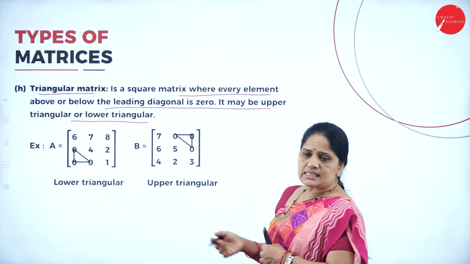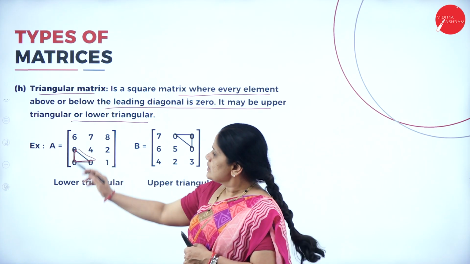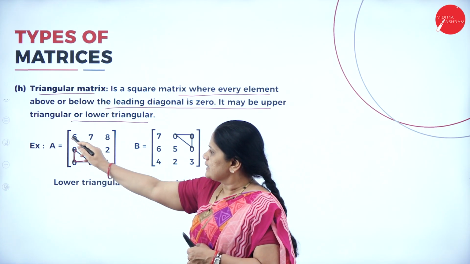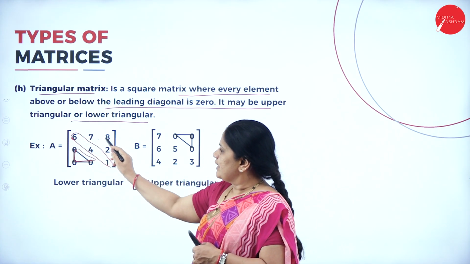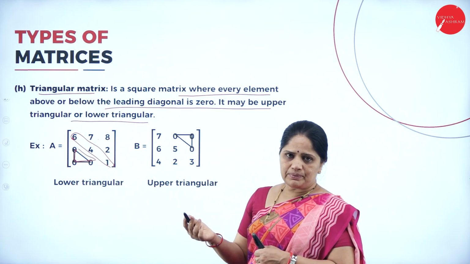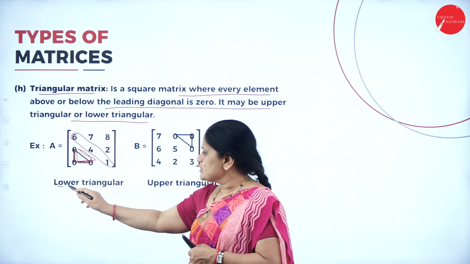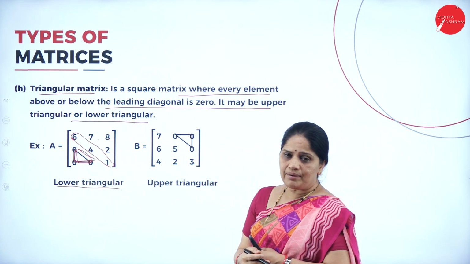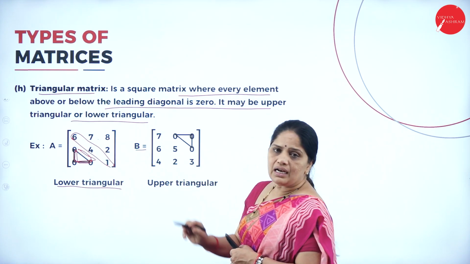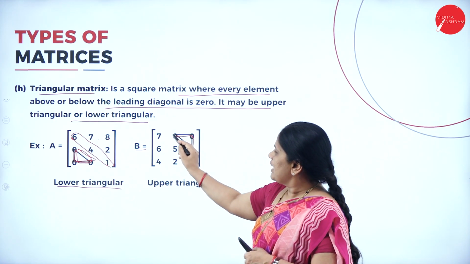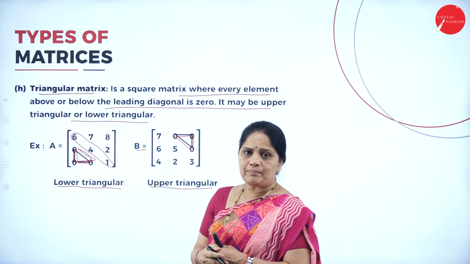In this kind of triangular matrix, we can find a triangle of zeros. Here the principal diagonal elements are 6, 4, 1, and we have 3 zeros above the principal diagonal, so we call it the lower triangular matrix. Now in this B, we have all the numbers on the lower side and in the upper side we have a triangle of zeros, which we call the upper triangular matrix.